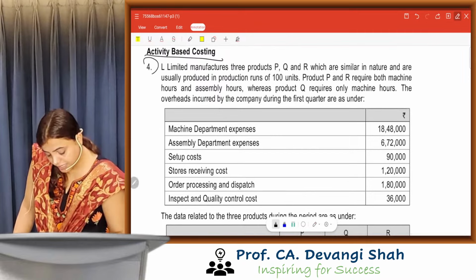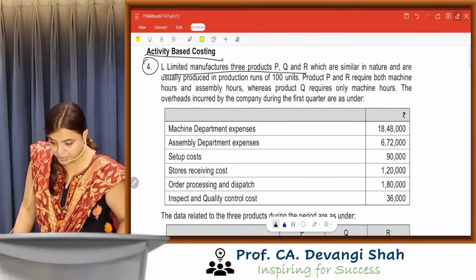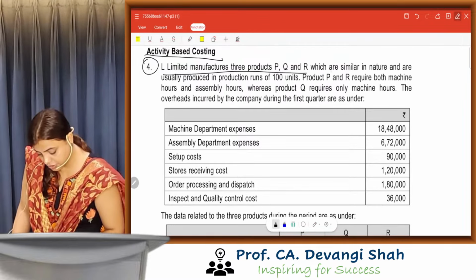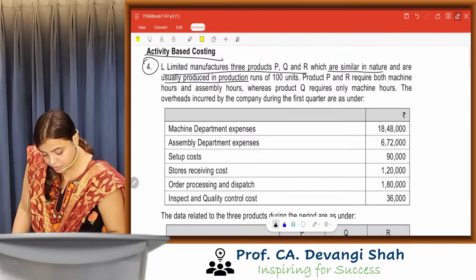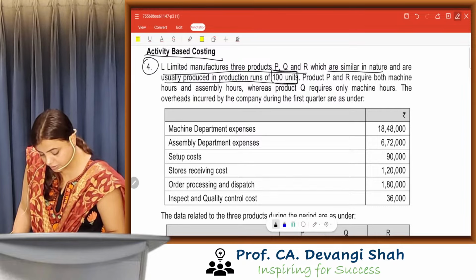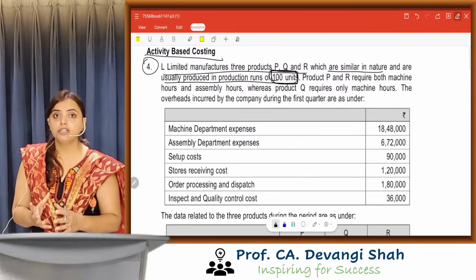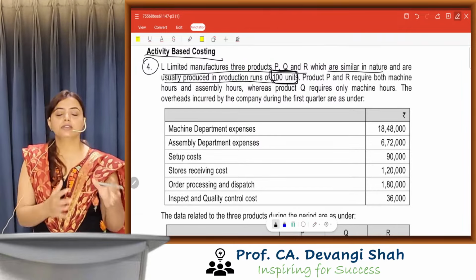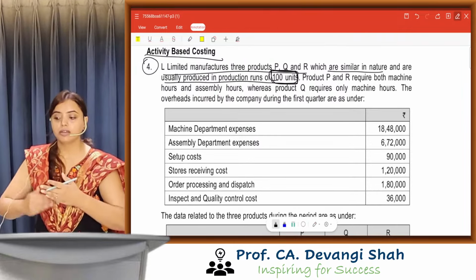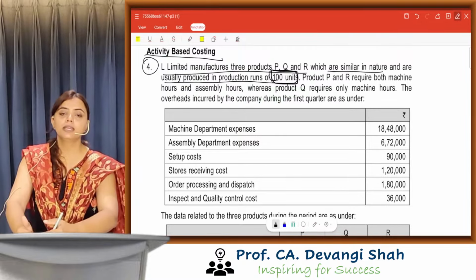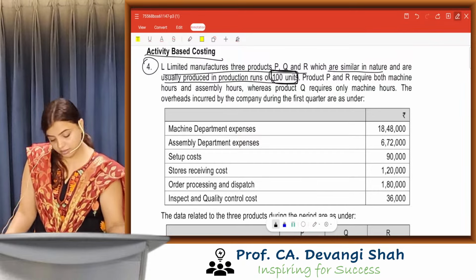Question 4. L Limited manufactures 3 products P, Q and R, which are similar in nature and are usually produced in production runs of 100 units. Matlab, P, Q and R are produced in lots of 100. There's a batch of 100 units. At a time we produce 100 of P, shut down the machine. Second batch 100 of P, shut down the machine. It's done like this.